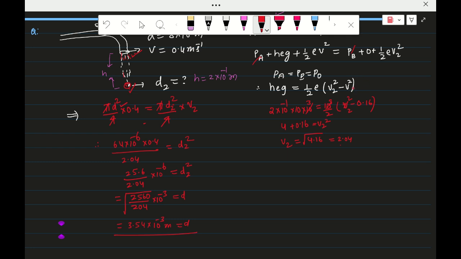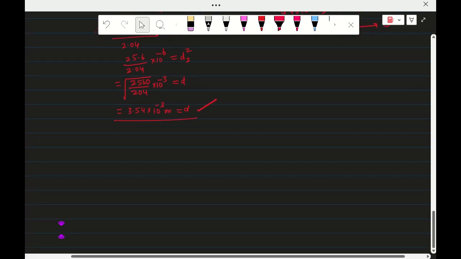I will find V and substitute it in this equation to get the D value. So here this is the V value, equation 1. Here it is equation 2, A1 V1. Substitute now and you will get the answer. So this is related to the Bernoulli's principle application.